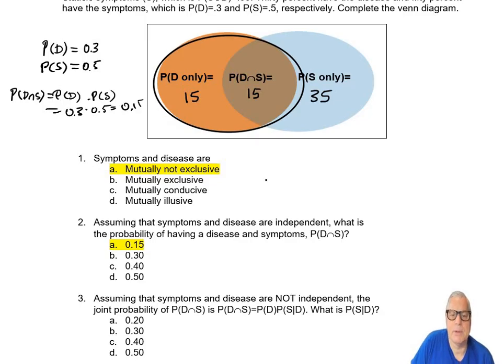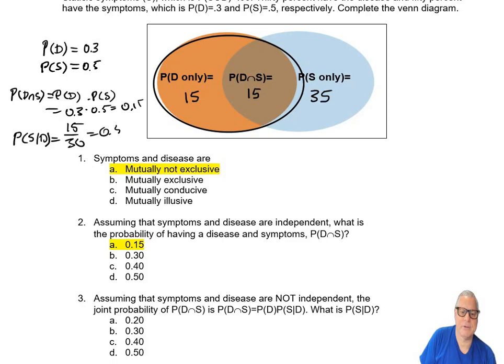And that bubble is 30, and 15 over 30 is half of them having the symptoms. So the probability of S given D is the 15 over the 30, so 0.5.